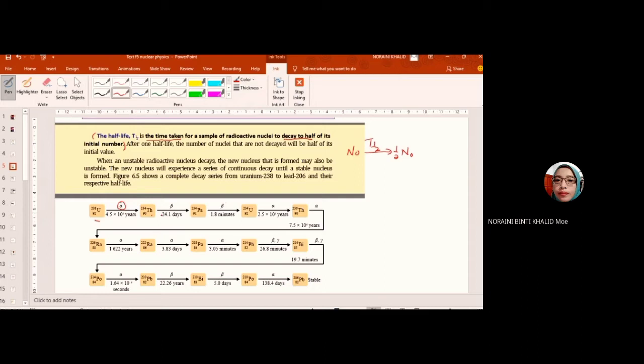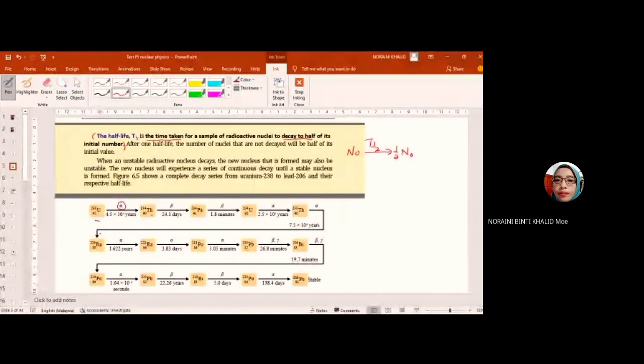So you can just go through the schematic diagram here to see what happens to the nucleus whenever it experiences the decay process, and also the half-life of each of the elements stated. All the elements have their own half-life.